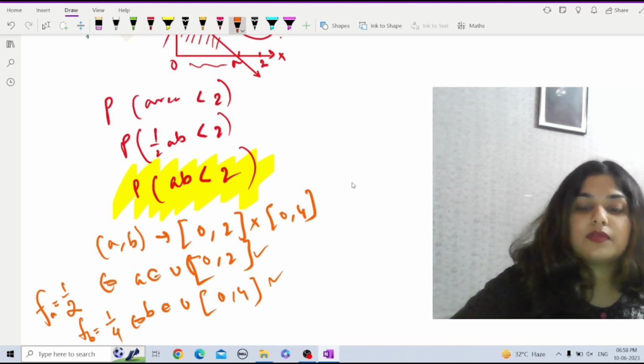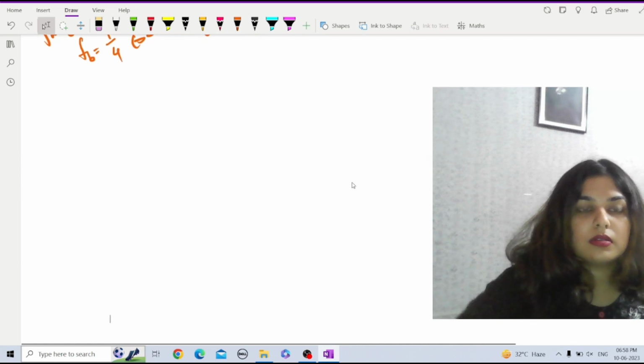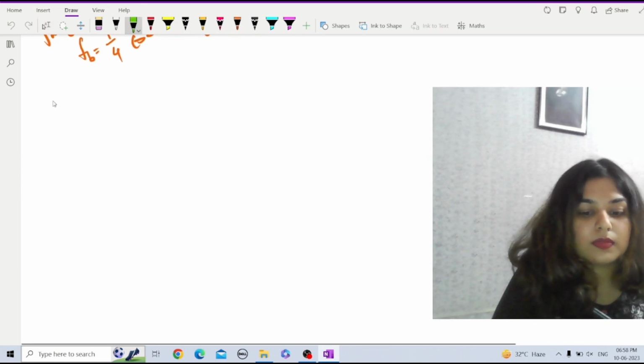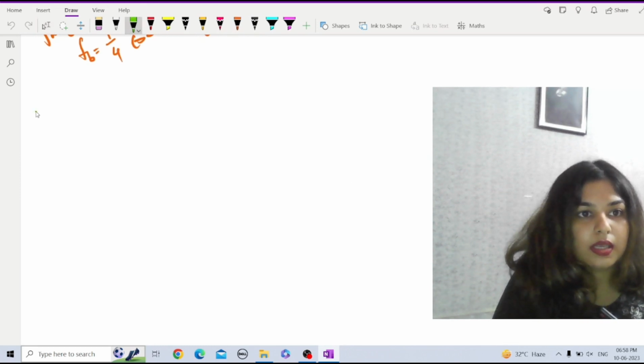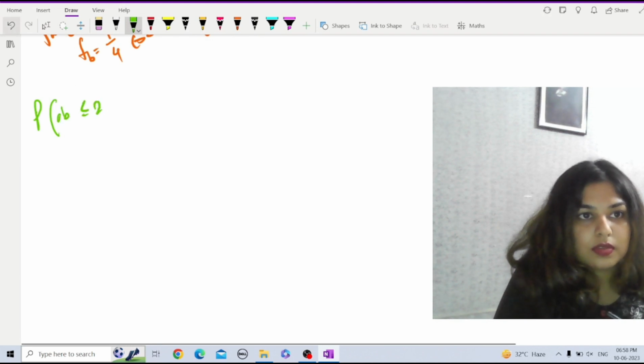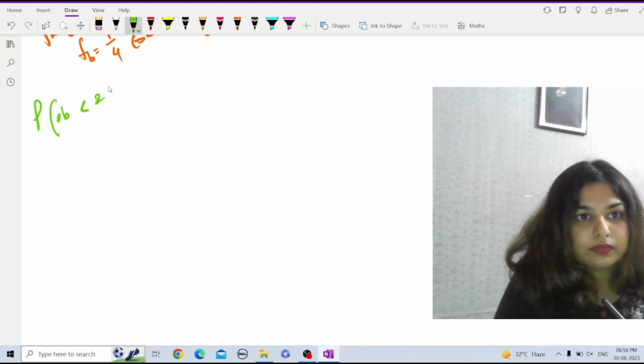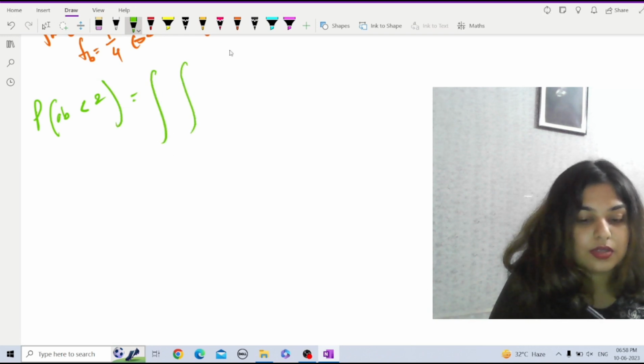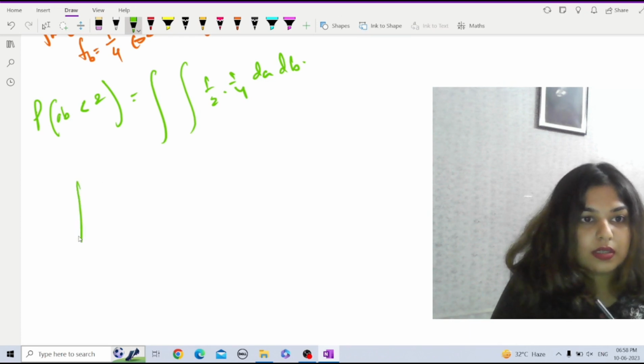Now let us try to find the area here, that is, the probability of AB less than or equal to 2. So we are finding the area, that is, the integration of half into 1 by 4 dA dB. Now let us try to understand it using a diagram, roughly.